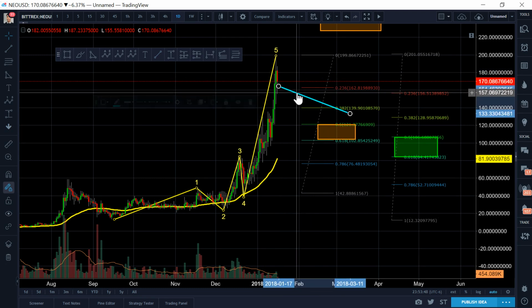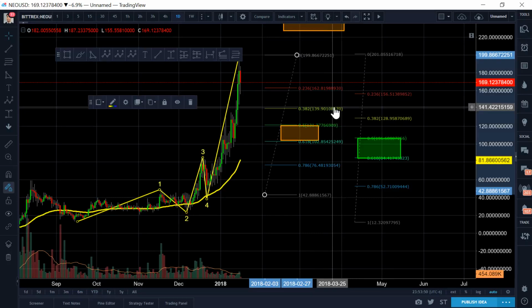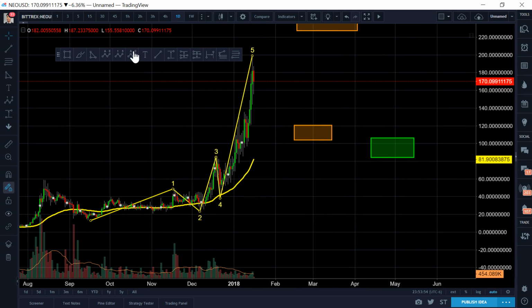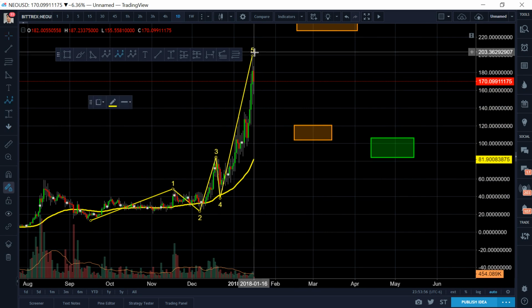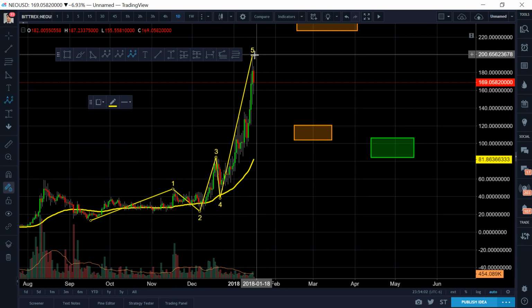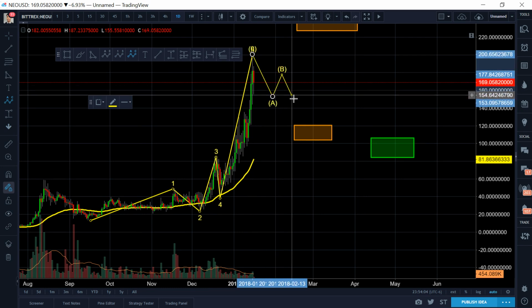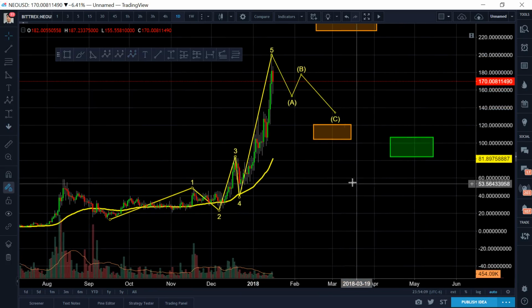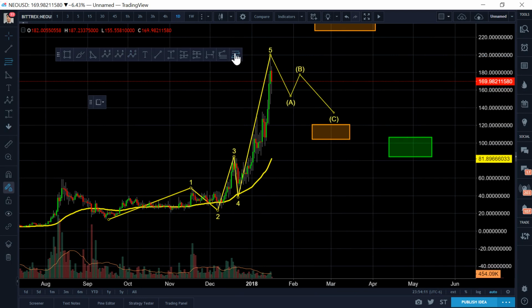But what we don't want to see, okay, what we don't want to see is this though. We don't want to see big ABC corrections in a zigzag coming down and lots of sell-off volume, and we don't want to see it retrace heavily, right?